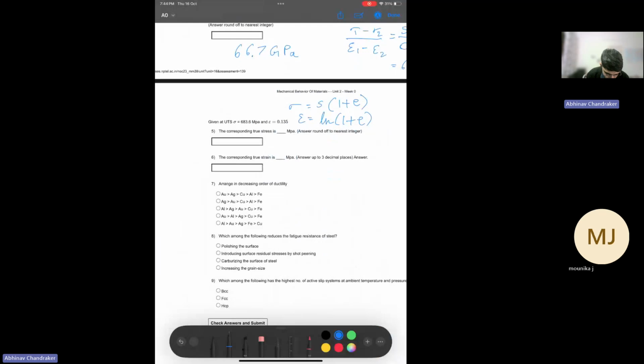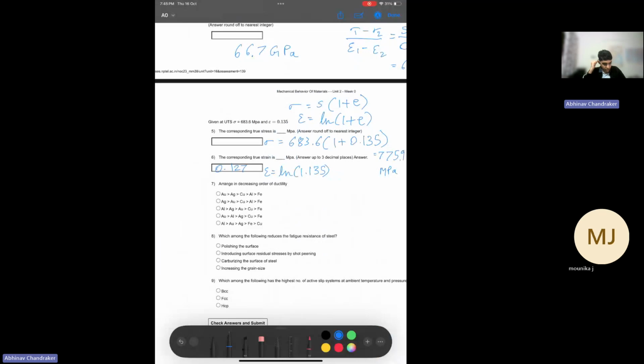If we go by the first formula, sigma equal to S into 775.9 MPa, whose strain is epsilon equal to ln of 1.135, which is 0.127.